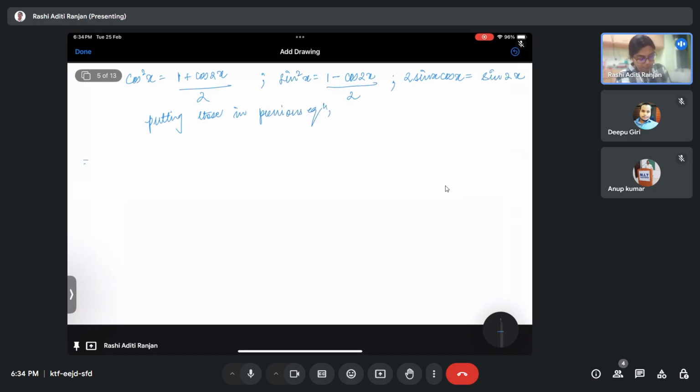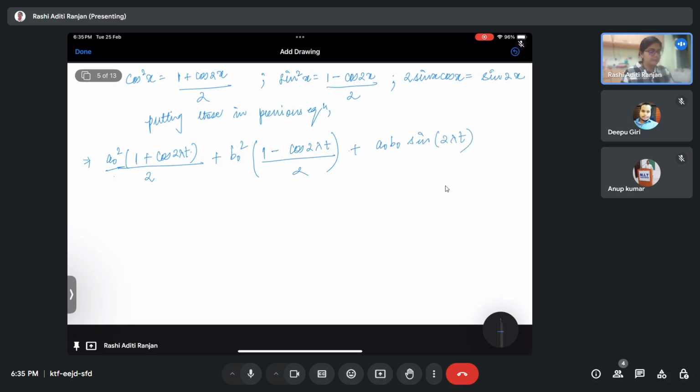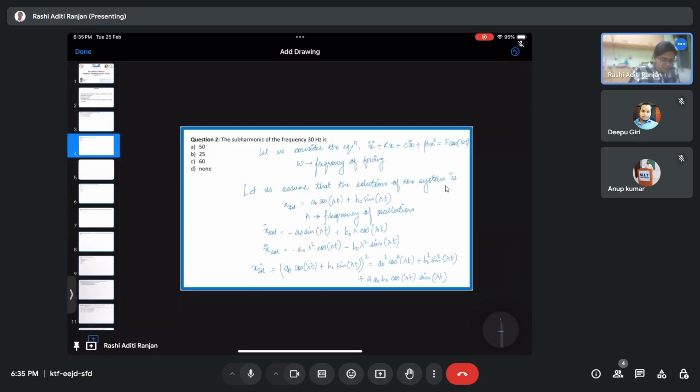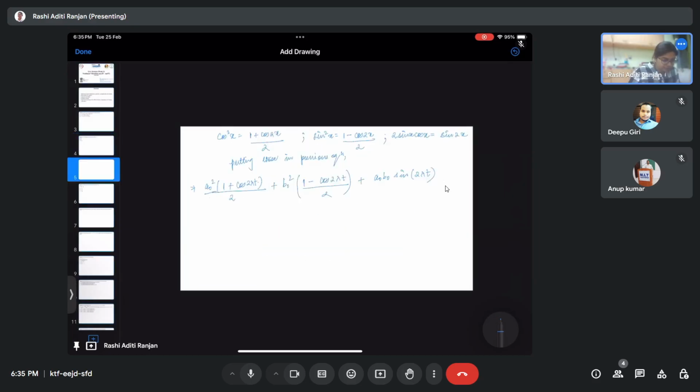Putting this in the previous equation, what do we get? We had a naught square into 1 plus cos 2 lambda t by 2, and then plus b naught square into 1 minus cos 2 lambda t by 2, and then a naught b naught sine of twice lambda t, since the twice is absorbed.